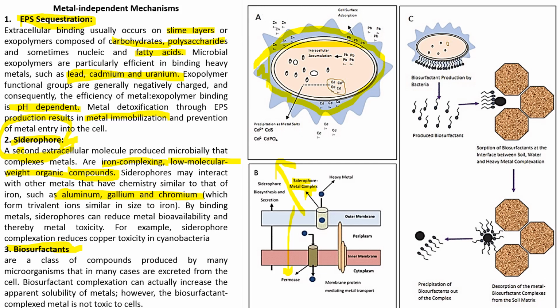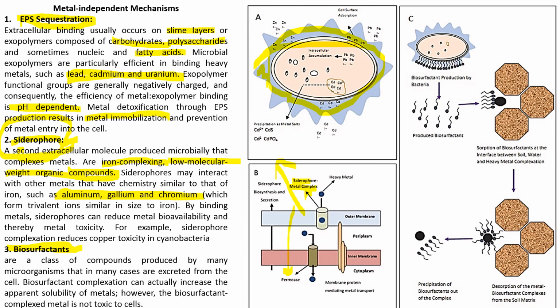So when the cell faces aluminum toxicity or gallium toxicity or chromium toxicity, they produce siderophore in response, and the siderophores attach to the Al3+ ions or chromium 3+ ions and make it less available to the cell and take it away from the cell. So that is one way where they work from preventing the metal from entering into the cytoplasm.